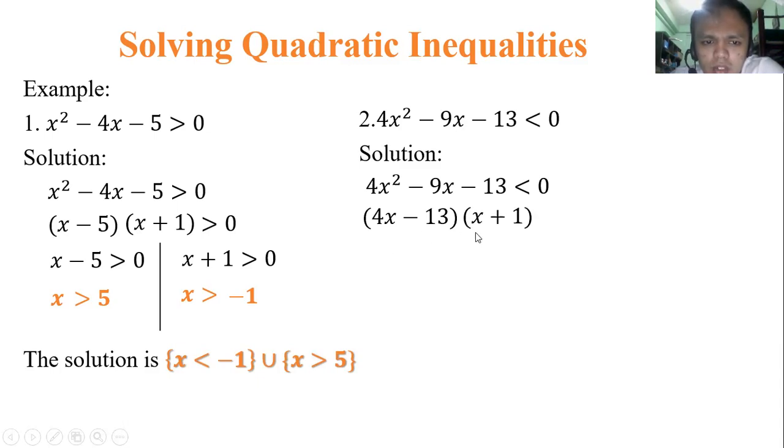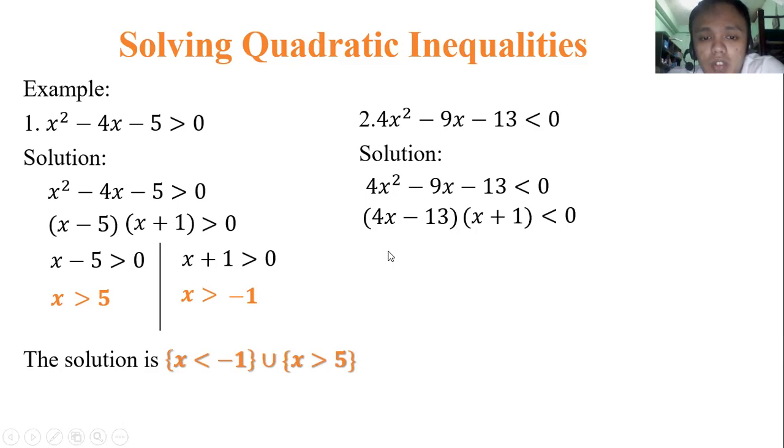Anyway, pwede naman yung i-recall yung factoring of quadratic trinomial kung saan yung first numerical coefficient natin is greater than 1. Kasi dito na factor ko na kaagad. Okay? So here we have 4x minus 13 times x plus 1 less than 0. So ito yung factor niya.